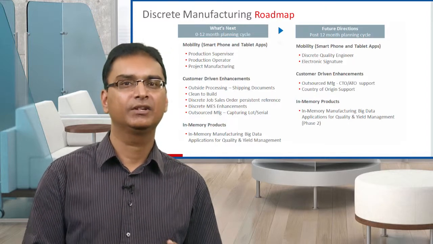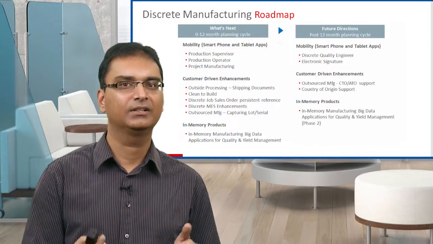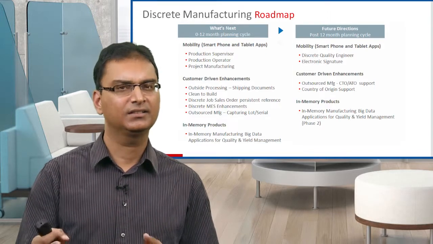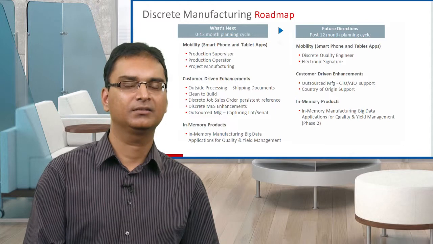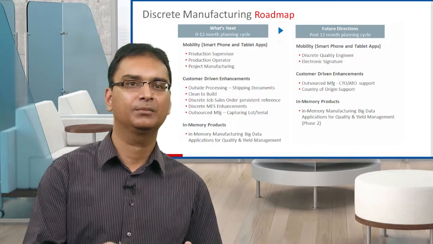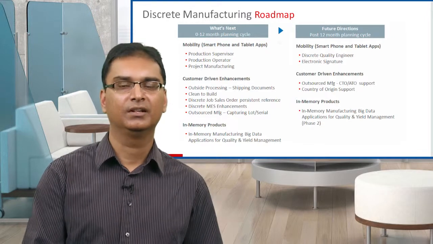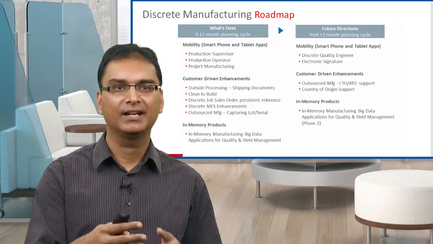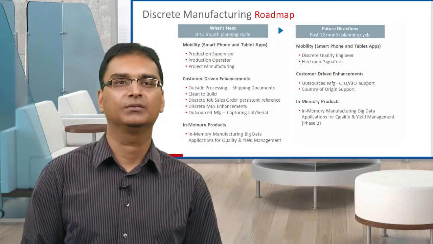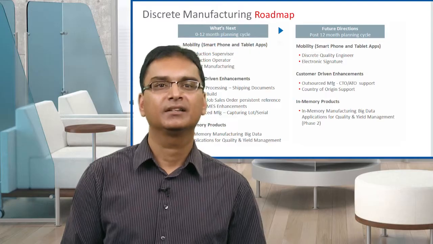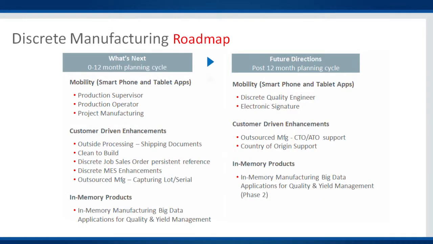So looking at your inventory positions and then deciding whether a work order can be smoothly manufactured on your shop floor. This is more from an execution perspective, because you might already have a planning recommendation, but it is about taking decisions on the shop floor on which work orders to release. So that kind of functionality is what we are planning in our roadmap. And we do plan to invest in other areas as well, as you can see here in the slide.